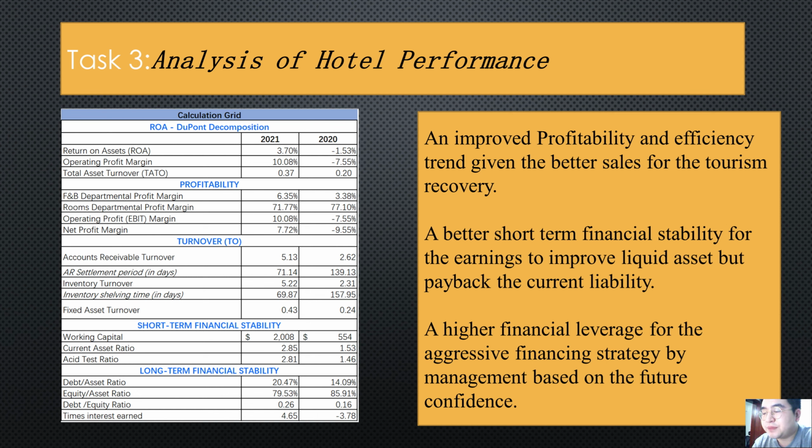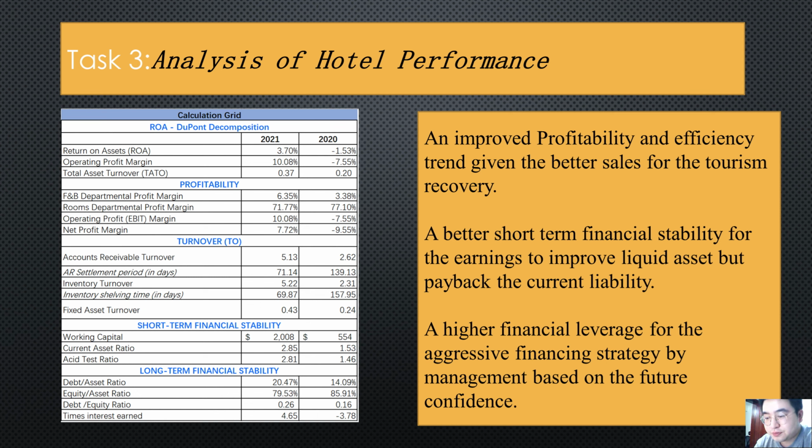For example, the ratios for profitability, turnover, and financial stability from common accounting analysis are also applicable in the hotel business. Besides, there might also be some unique assessment metrics for hotels, like average room rate, average occupancy rate, and revenue per available room, and so on.